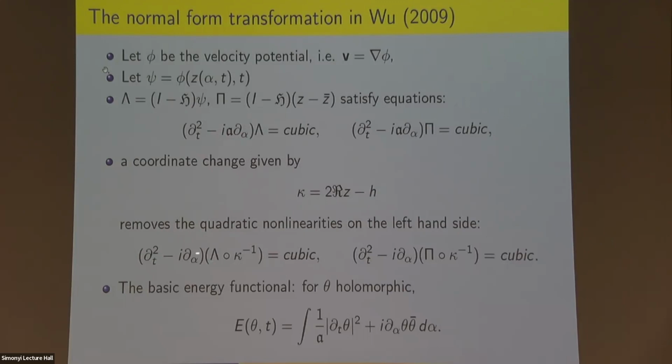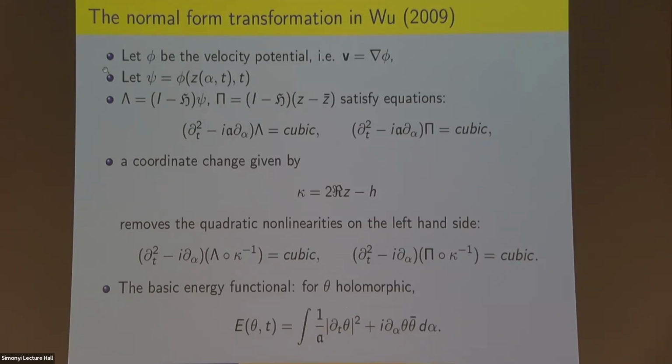So you get this simple equation. This looks linear, but it's not linear because this is a complex valued equation. This lambda is complex valued. So this linear-looking operator acting on this quantity is cubic, and this is cubic.